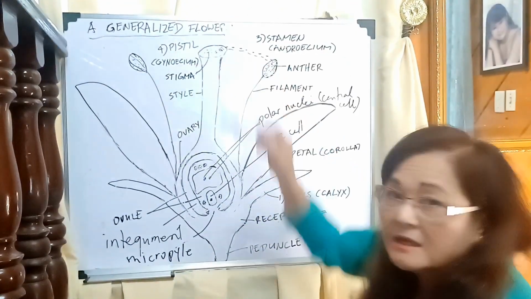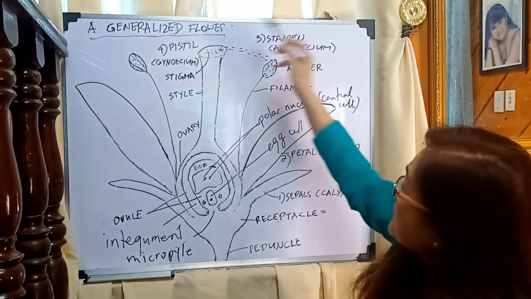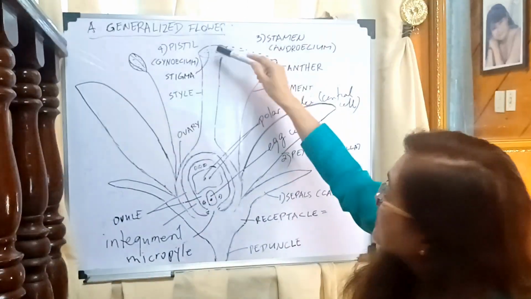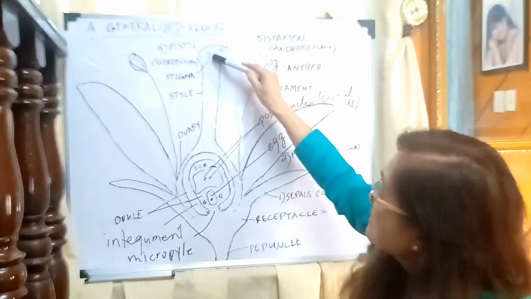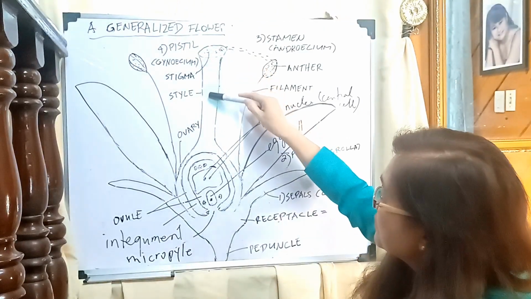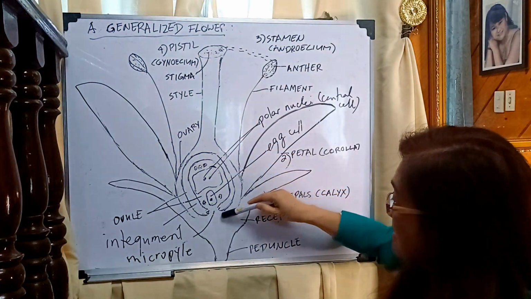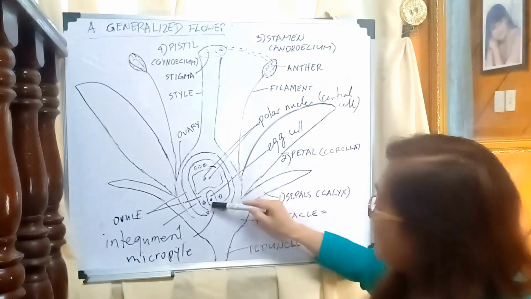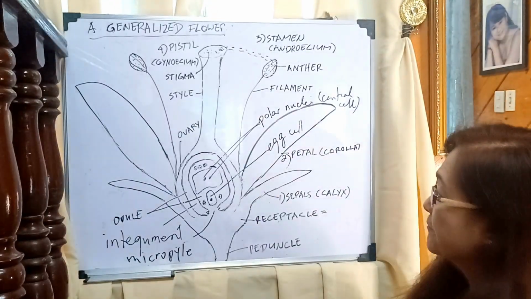This one is sticky, just so any pollen grains transferred by the wind or by pollinators could easily stick here. So the pollen grain should first stick to the stigma so that a pollen tube could develop and transport the sperm cells to the ovary and fertilize the egg cell and the polar nuclei.